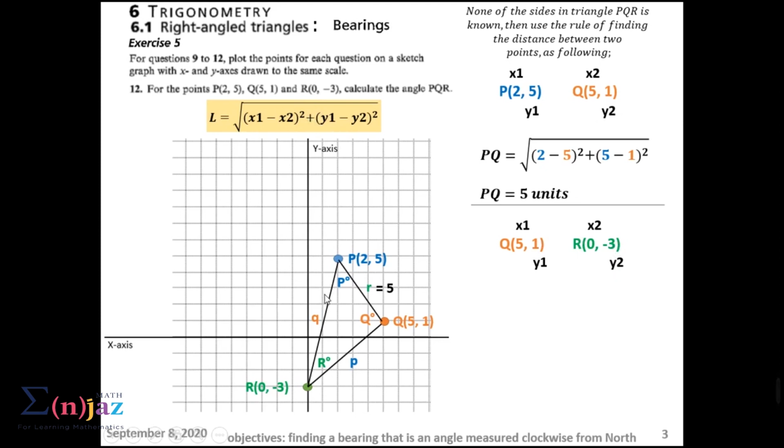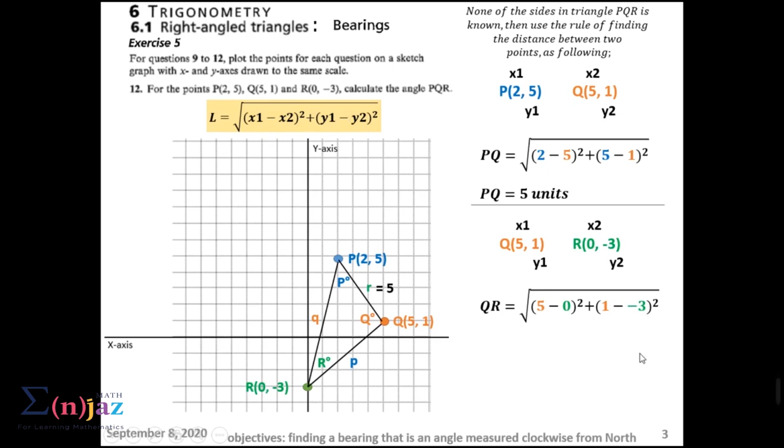So we're finding the length of QR is equal to the square root of the difference of the x's, 5 minus 0 all to the power of 2, plus 1 minus -3, because the first minus, which is in black here, is part of the formula, the general formula, and -3 is the value of y2.